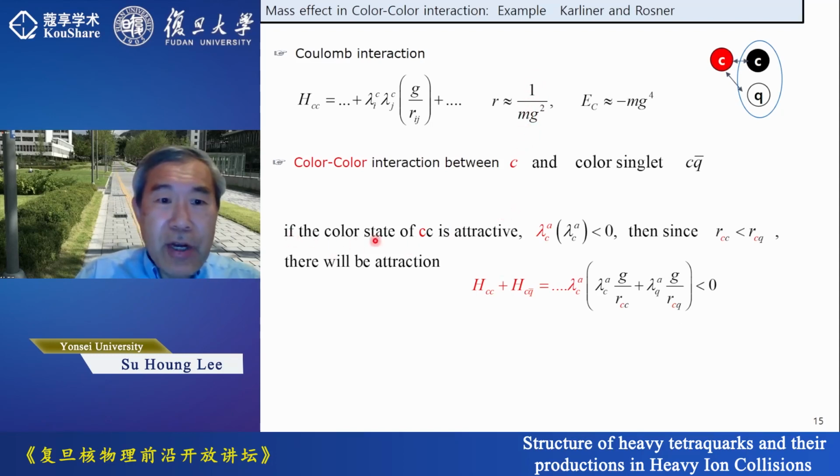So, for example, if the color state of CC is an antitriplet, then this means that the lambda factor is 0, and also the relative distance between C and C, compared to C and light quarks, is different. So therefore, what used to cancel before will not cancel anymore.